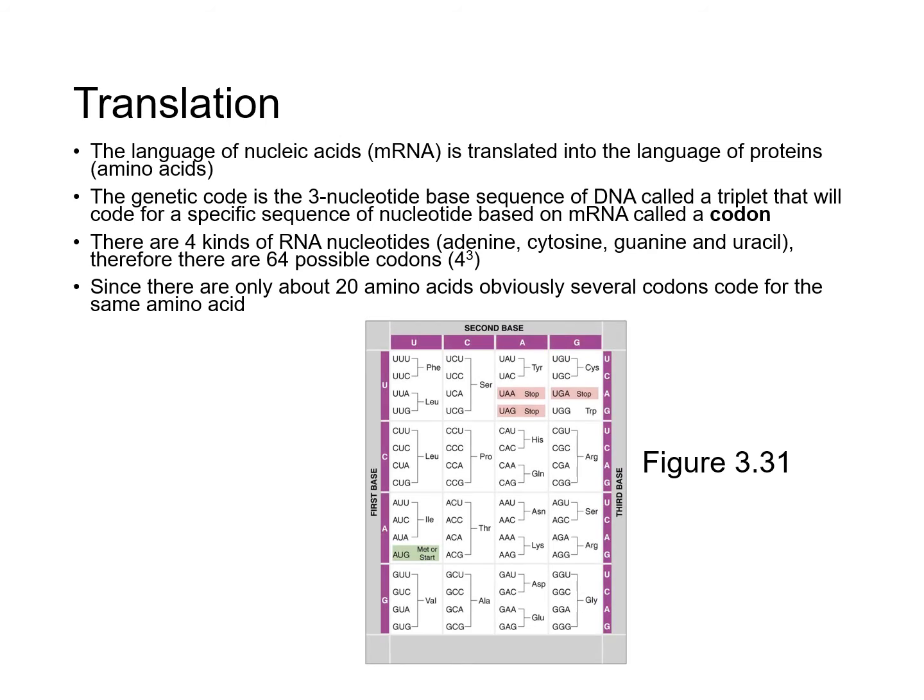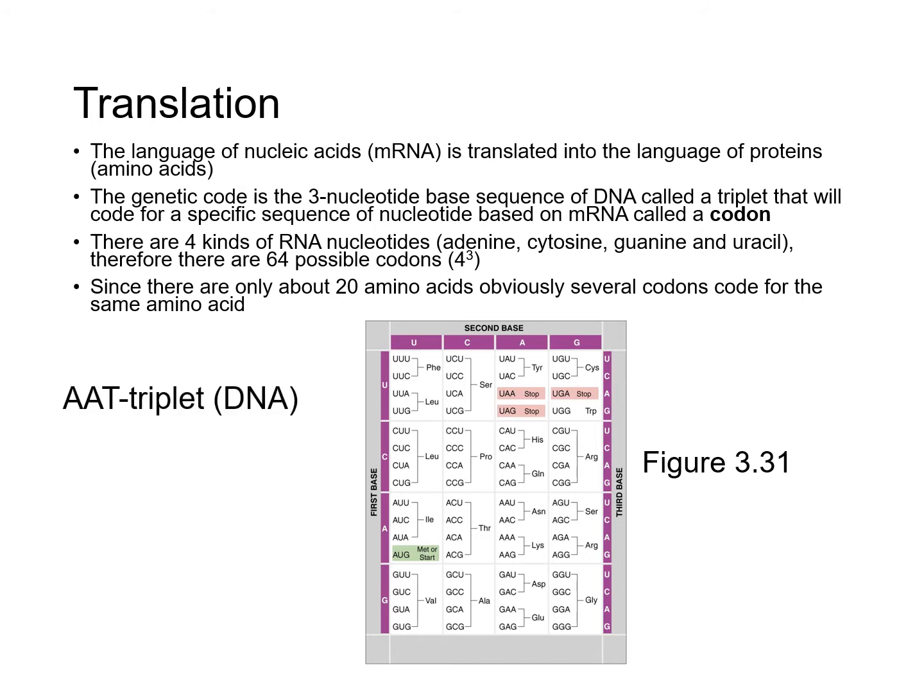This figure from your book illustrates all the different codons and all the different amino acids that they code for, and they're using the 3 letter abbreviations for the different amino acids. You can find a key that'll provide you with the full names of these amino acids, such as phenylalanine, leucine, proline, etc., in your book.